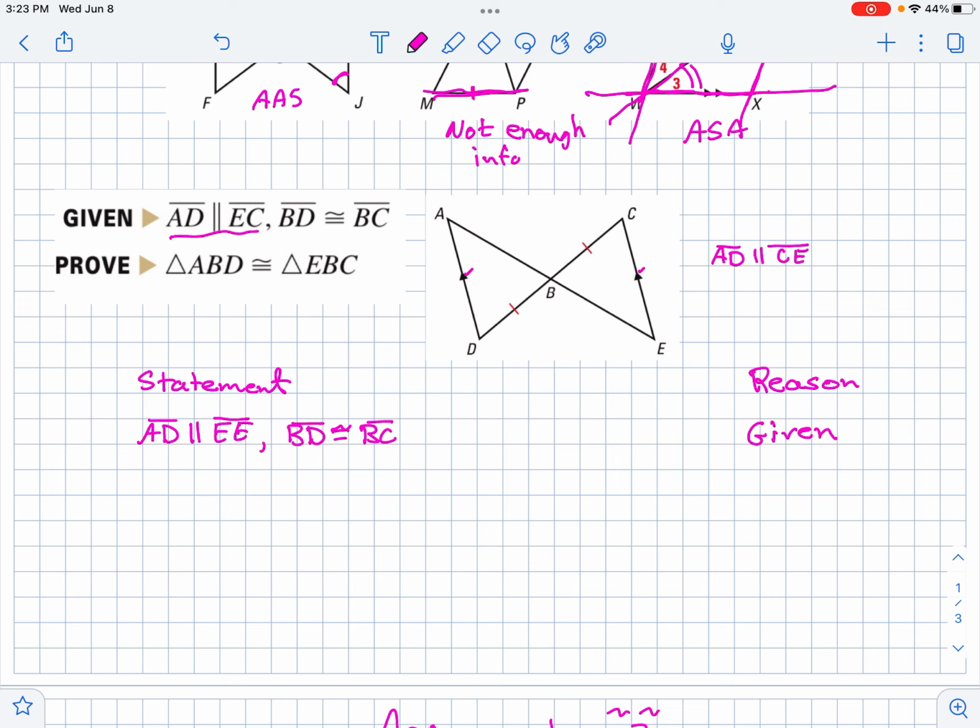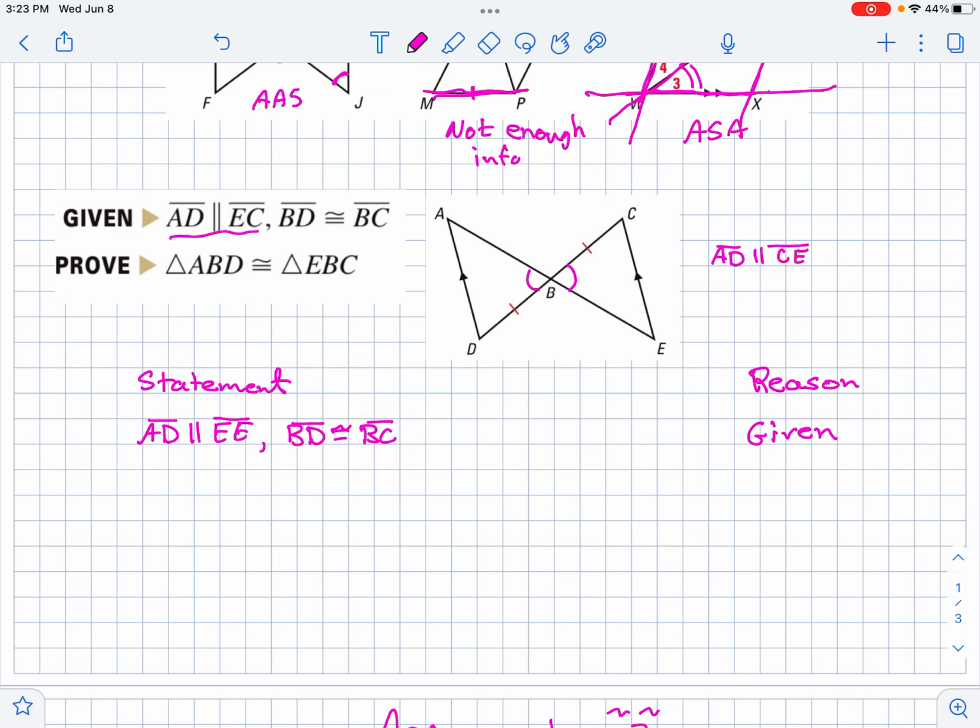Now, let's see what we've got here. So far, one set of corresponding sides are congruent. In other words, BD and BC are congruent. That's given to us. But notice we also have that this angle and this angle are congruent.